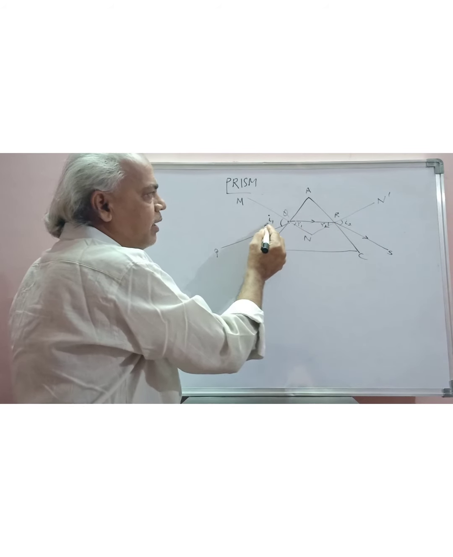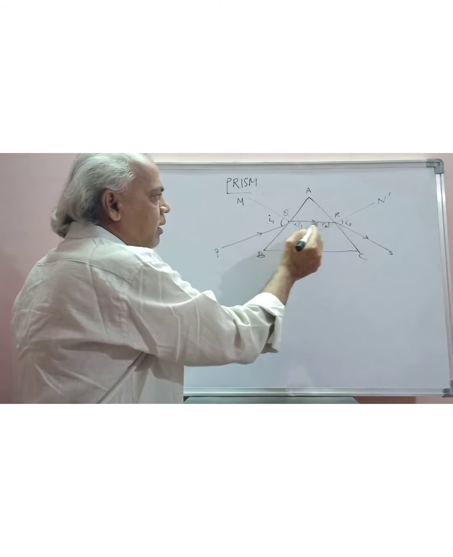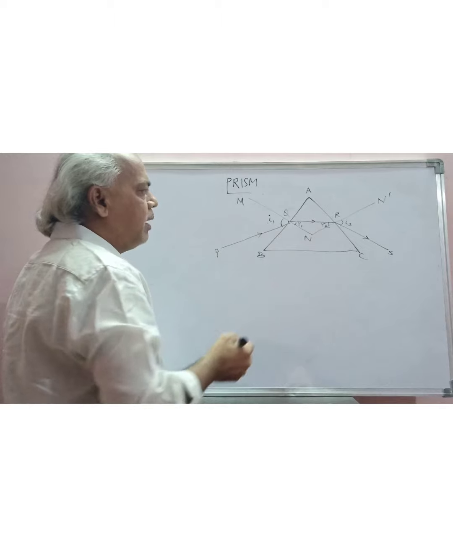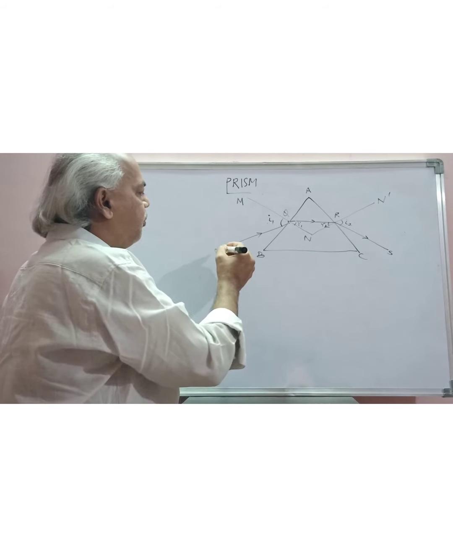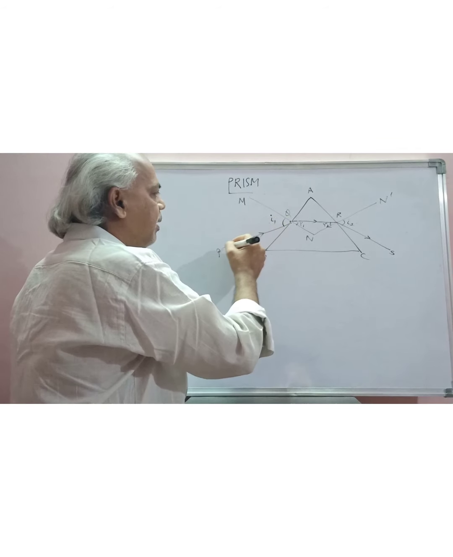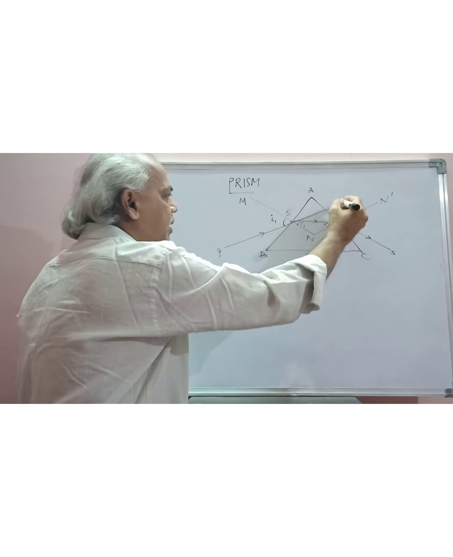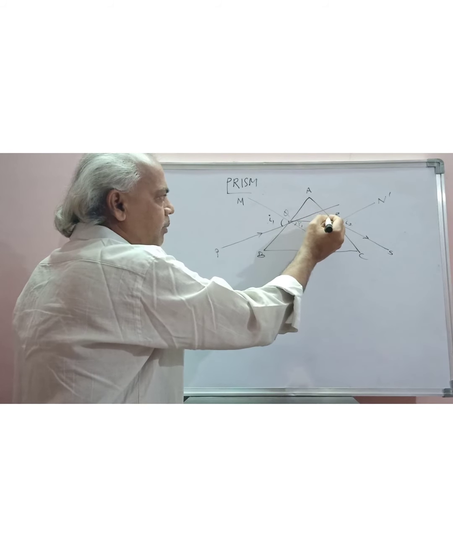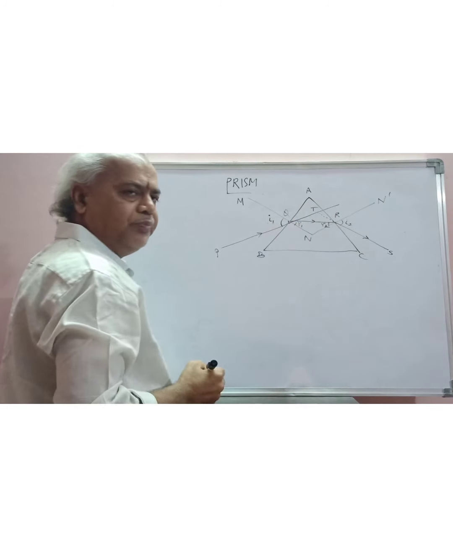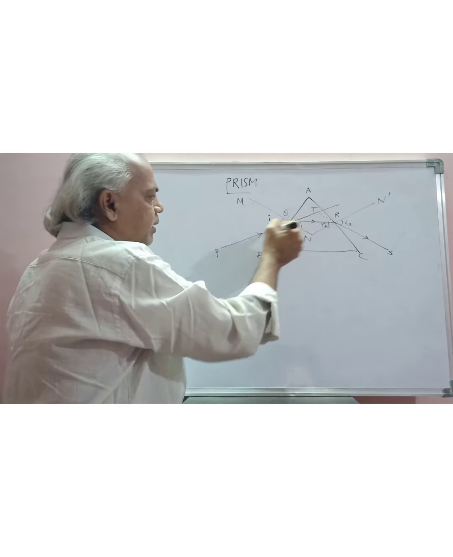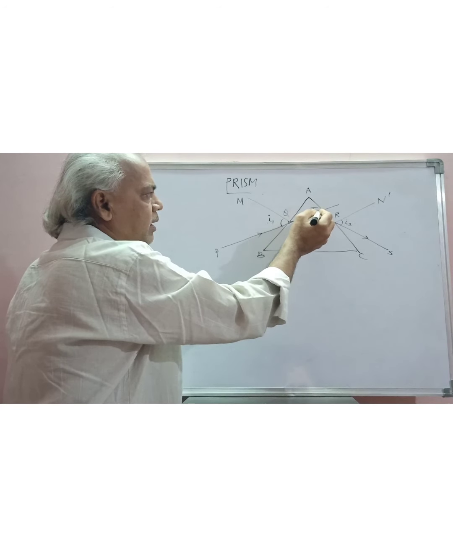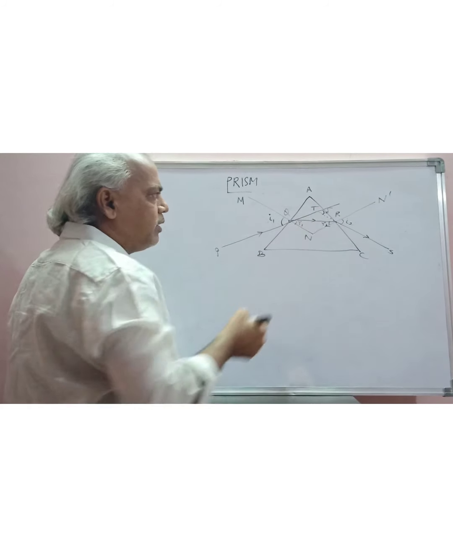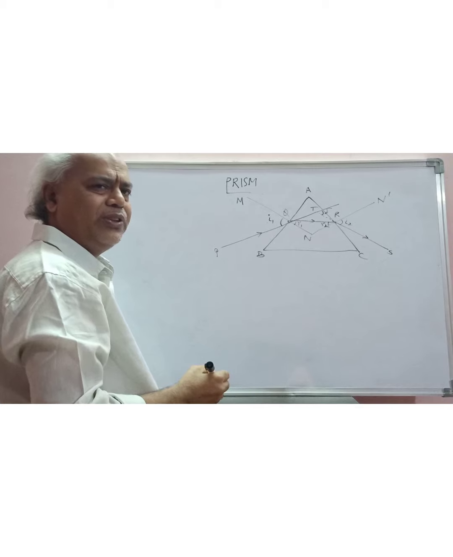So I1 is the angle of incidence, I2 is the angle of emergence, and R1 and R2 are the angles made with the normal inside the prism. If you extend the incident ray PQ in the forward direction and the emergent ray RS in the backward direction, they meet at a point T. Here the incident ray and the emergent ray make some angle at T, that is delta. This delta is called the angle of deviation.